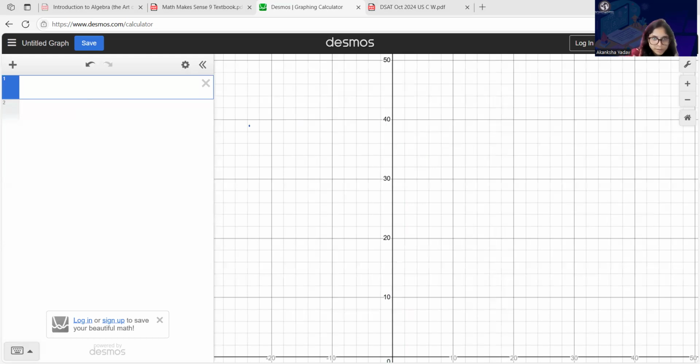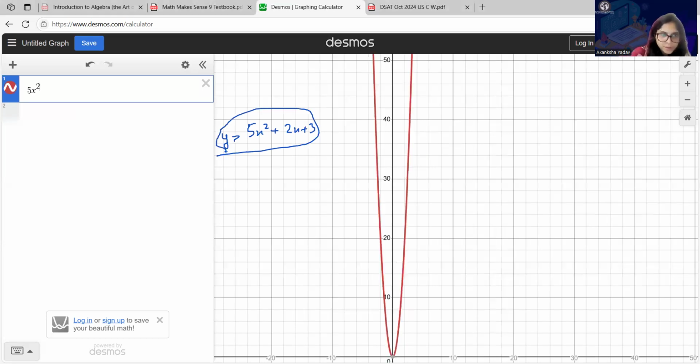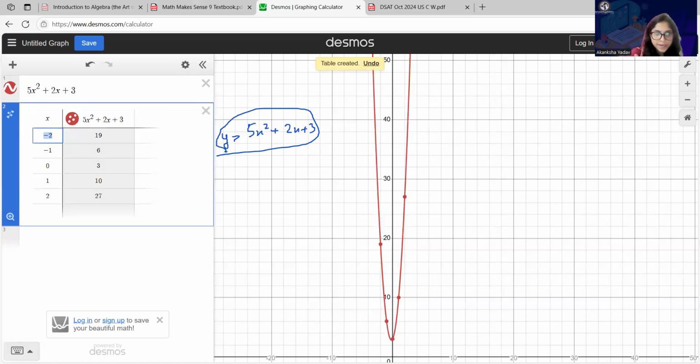Let's say 5x squared plus 2x plus 3y is greater than 5x squared plus 2x plus 3. So now what you do, you type 5x squared plus 2x plus 3. You again create the table and you put your x values. Now the y value is 339, but y is greater than this. So now what you will do in your options, you will choose a value greater than these values.